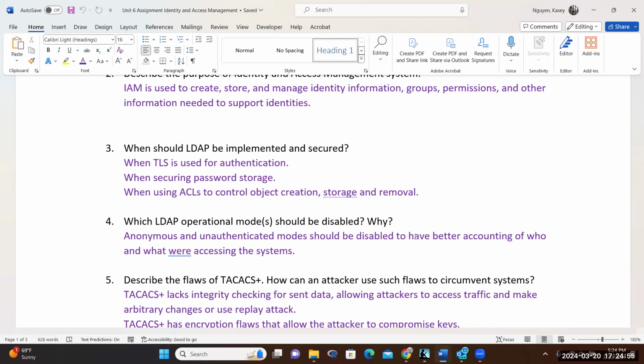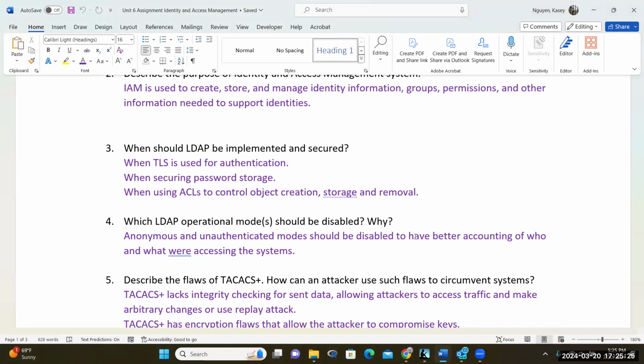So the operational modes that should be disabled would be anonymous and unauthenticated, because you want to identify, right? And you want to have authentication, you want to have authorization. So you want to implement the AAA framework. And when you're using the modes that are anonymous and unauthenticated, you cannot apply the AAA, okay?